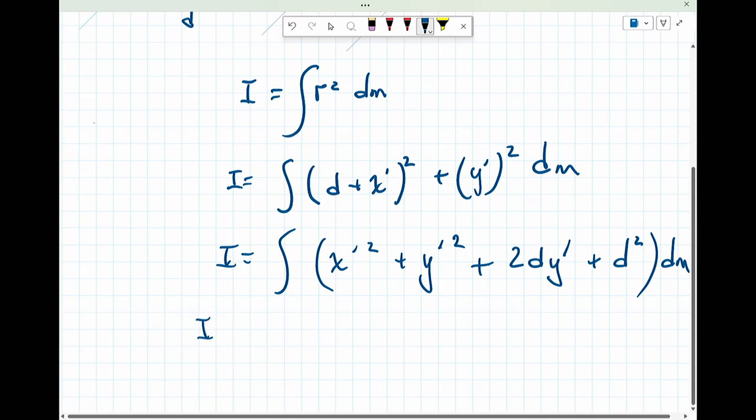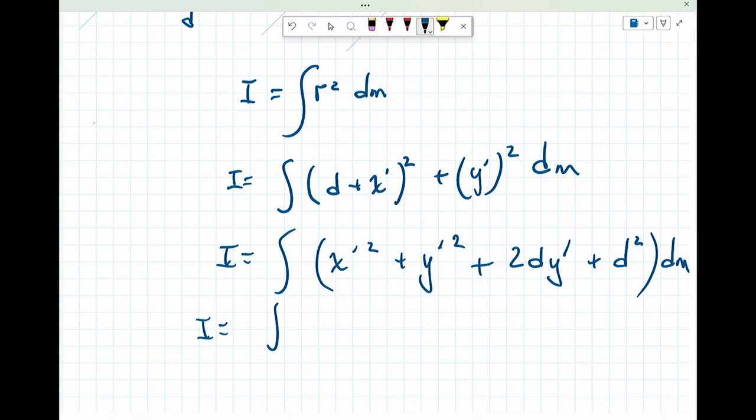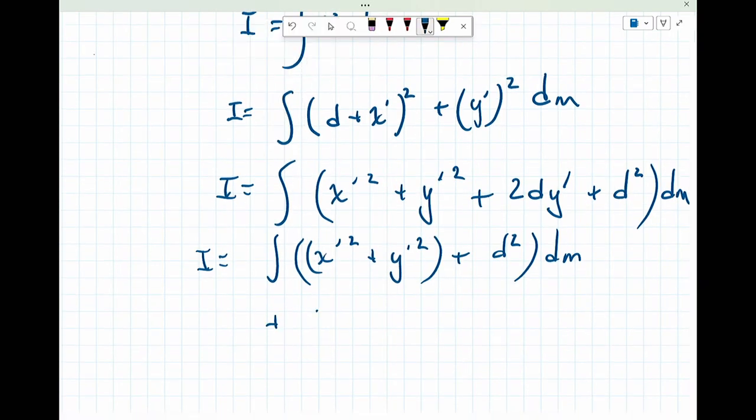But when I do the integral with respect to G, I can say that the integral of x prime squared plus y prime squared plus d squared dm, plus 2d x prime dm.